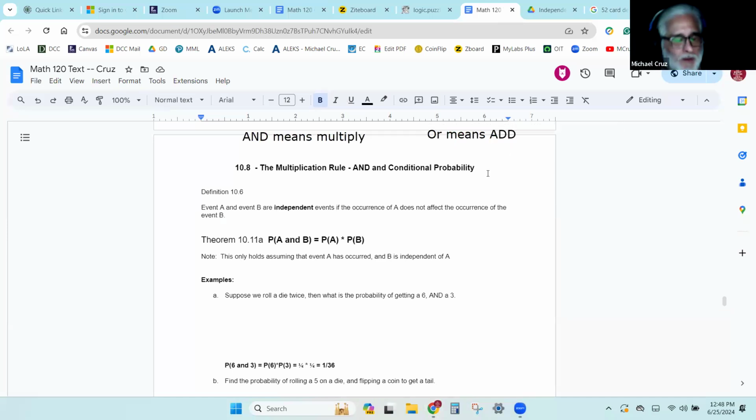And those, like I said, fit with the definitions that we've covered with and or in the first half of the course. So notice that if two events are independent, then it's really simple. You just take the probability of each one and multiply them.